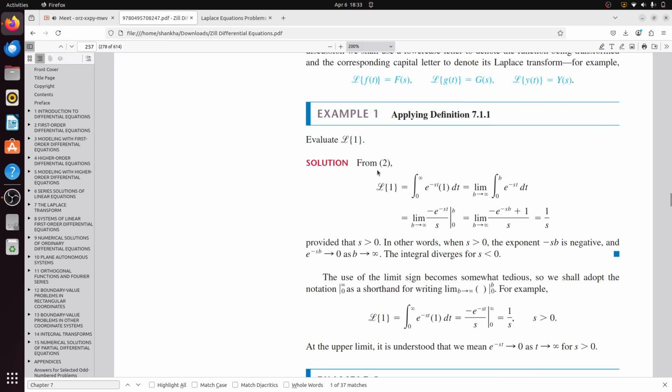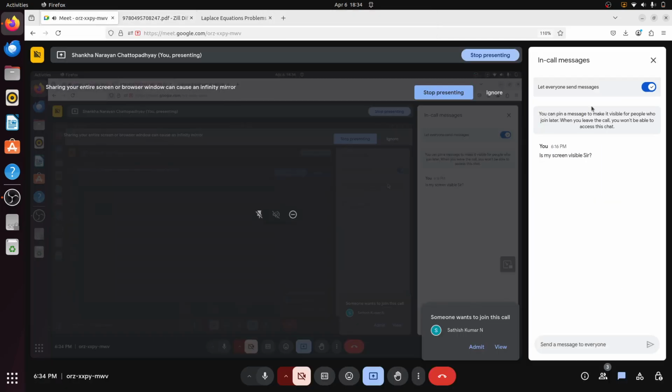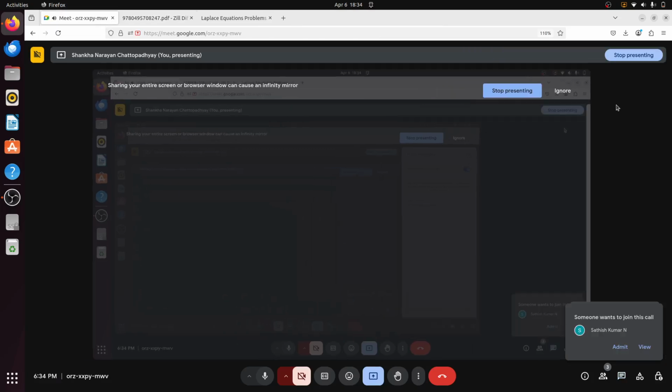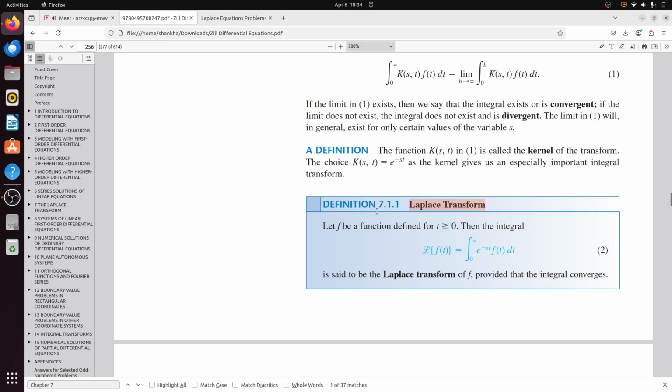Okay, so there are a few functions whose Laplace transformation you can calculate directly, and those are very important. Functions such as the sine function, the cos function, or the polynomial functions, cos hyperbolic, sine hyperbolic function, and e to the power t function also.